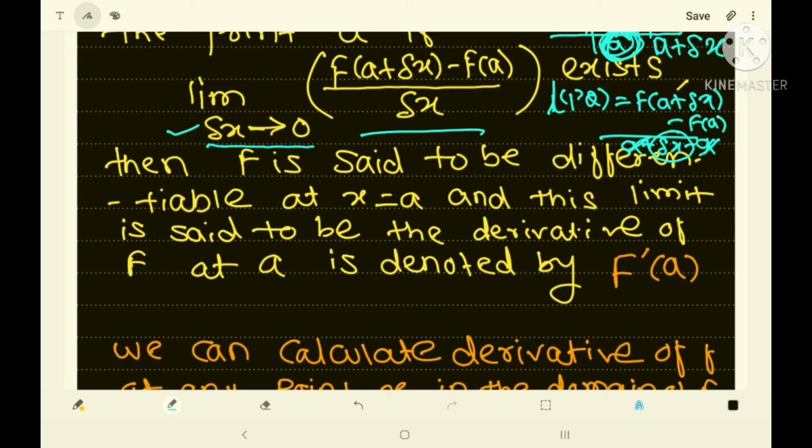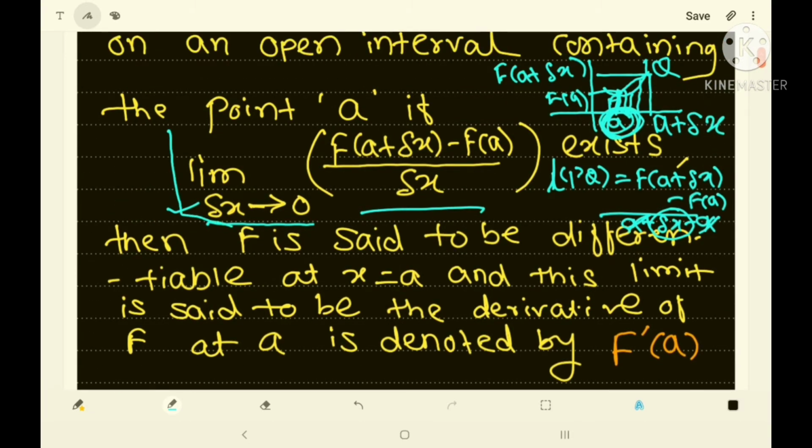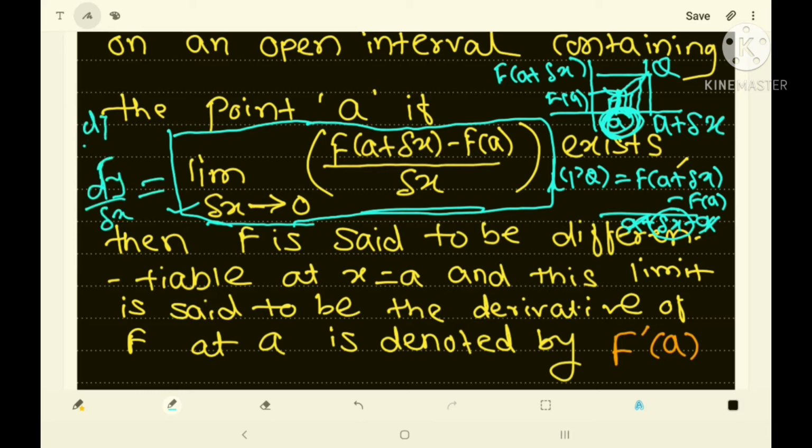This part of the limit, how to read this one? Limit delta x tends to 0, f of a plus delta x minus f of a over delta x, and this is known as derivative. This is known as dy by dx. You can write this is also known as f dash x.